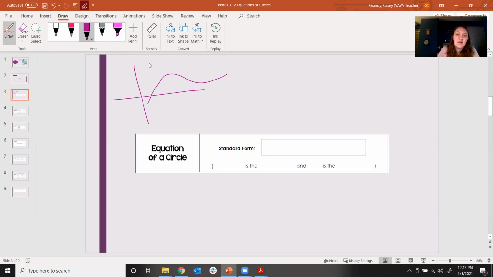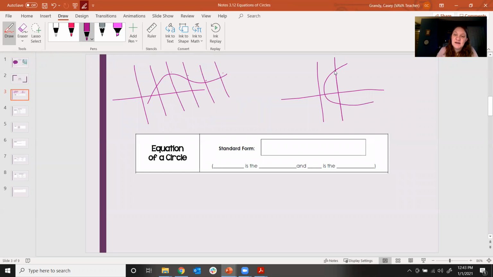You should be able to draw a vertical line anywhere through that function, and it only intersects that function one time. If you graph something and you draw a vertical line and it intersects it more than once, that is not a function. And the reason that's important is because you can only graph functions on your graphing calculator.